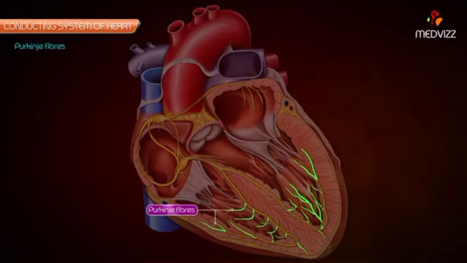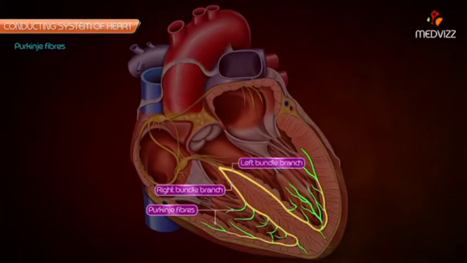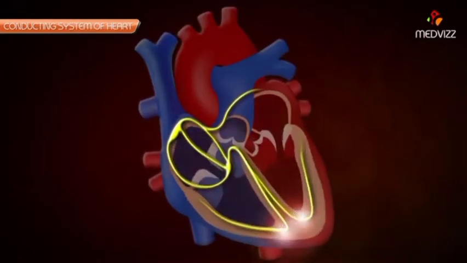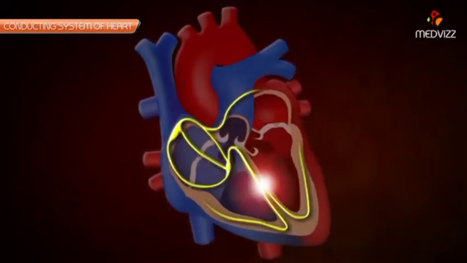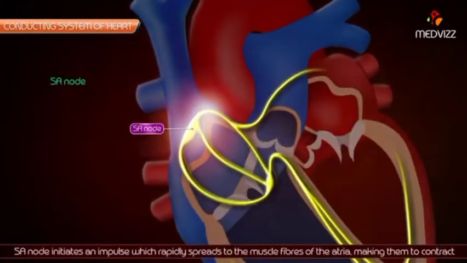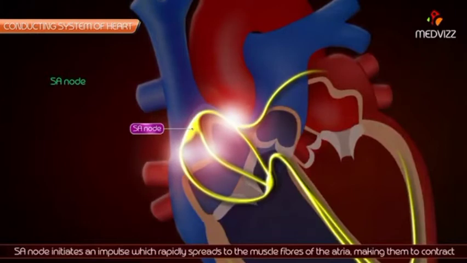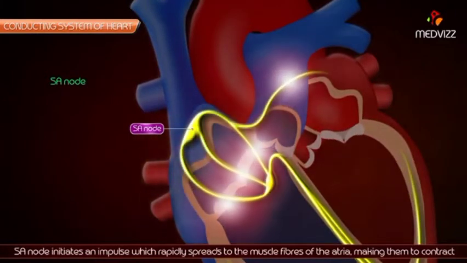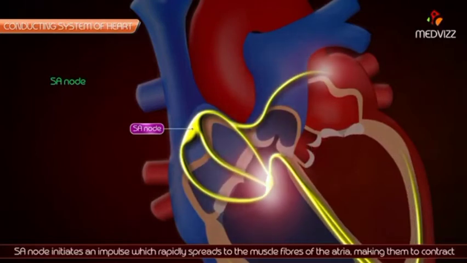Purkinje fibers. They are the terminal branches of the right and left branches of the bundle of His and spread subendocardially over the septum and the rest of the ventricular wall. The conducting system and mode of contraction of cardiac muscle is summarized as follows. The SA node, a spontaneous source of cardiac impulse, initiates an impulse which rapidly spreads to the muscles of the atria, making them contract.